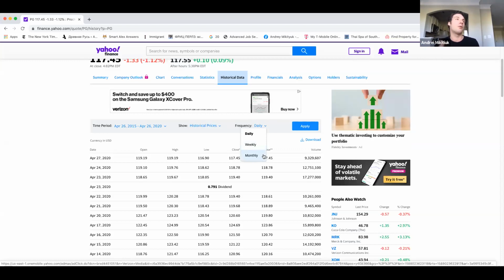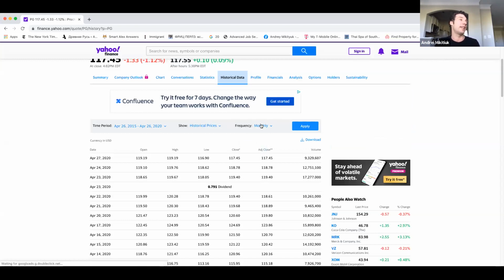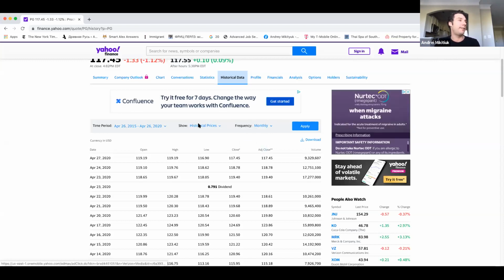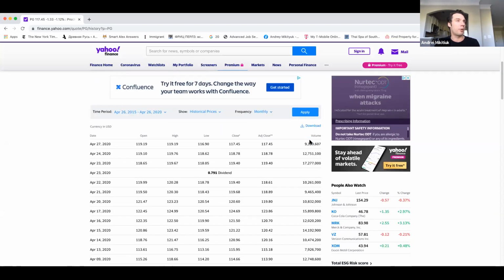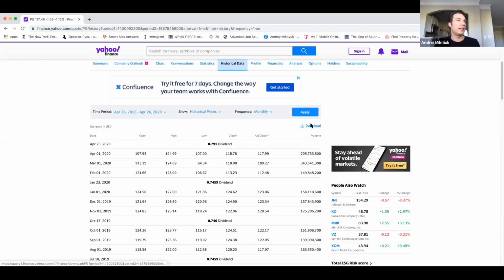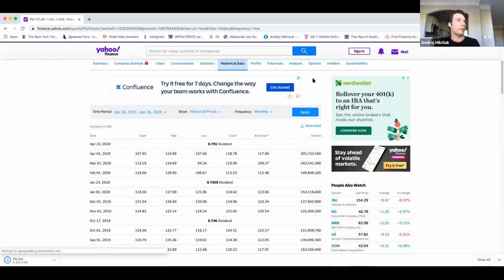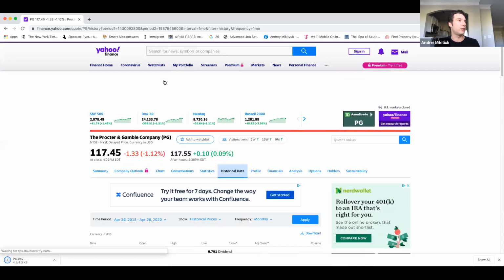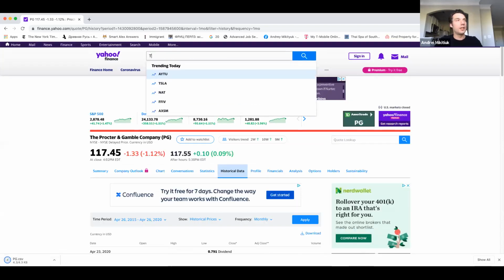So for now, let's assume that we are medium-term investors, and we would use monthly data. So 5 years' worth of monthly data for Procter and Gamble, apply, and I'm downloading it. And the second one, let's get Tesla.